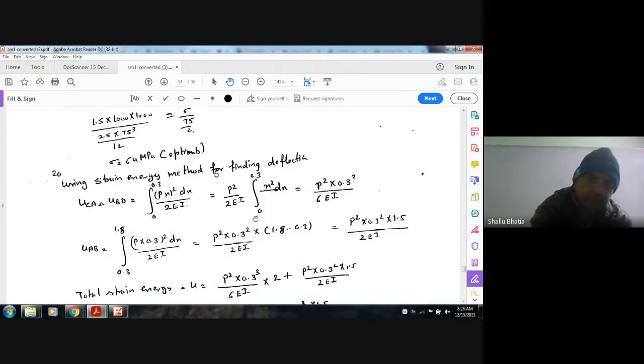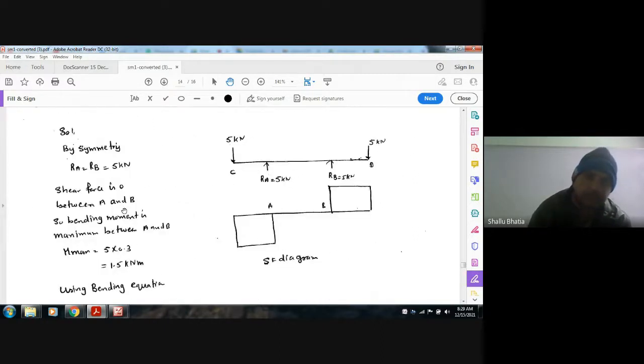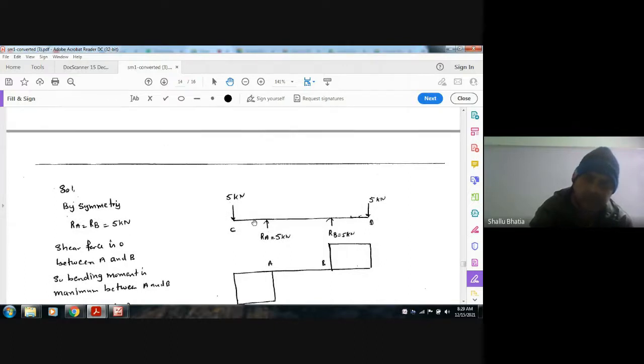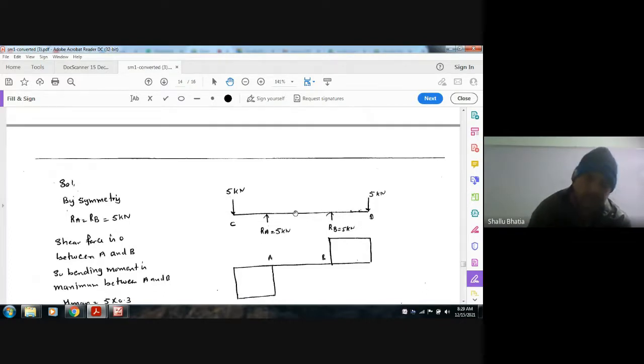And for portion AB, the moment is constant, that is 5 into 0.3, so the strain energy will be according to this. The strain energy of portion CA and portion BD will be the same because they are subjected to identical loads. So this portion and this portion will have the same strain energy, and for this portion the strain energy will be according to this.